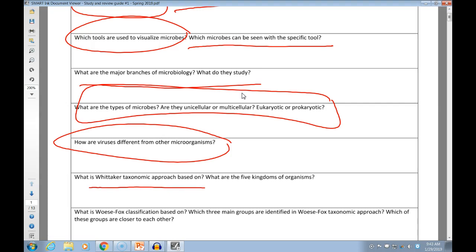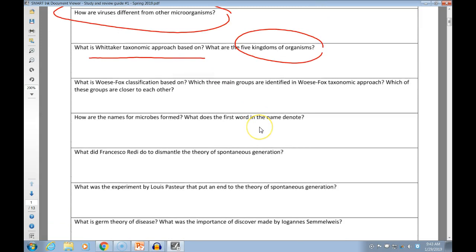Whittaker taxonomic approach based on structure, anatomical details. Five kingdoms. Know them. Know what each kingdom represents. Like if I ask you the only prokaryotic kingdom, you tell me Monera. Okay. Eukaryotic unicellular kingdom, Protista.